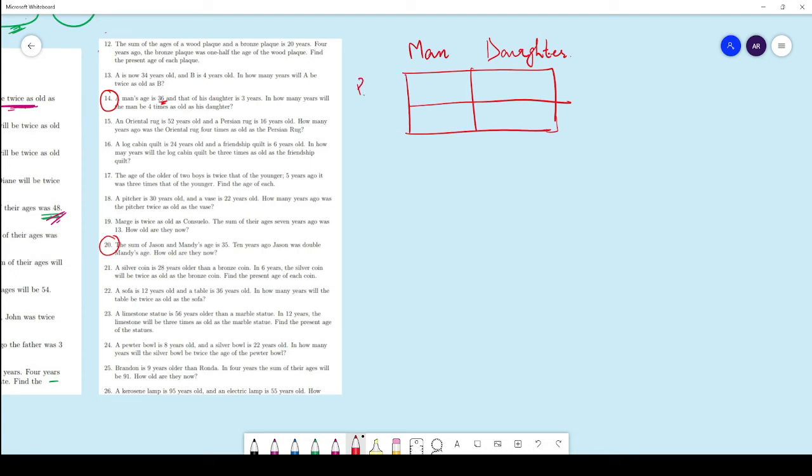So present age, let us first put it up. Present age, man is 36 years, his daughter is 3 years old. Now future, here we do not know how many years we need to add. This is the question over here. So the trick lies over here.